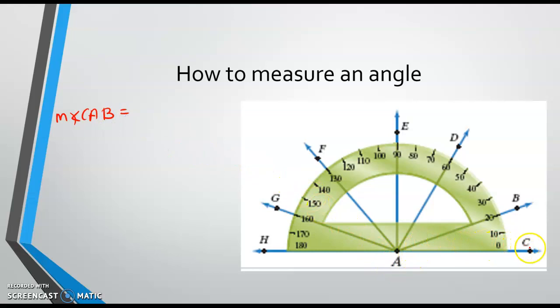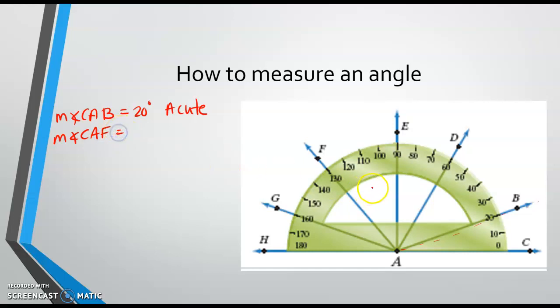So here's C, there is A, and here's B. Here's the ray that I'm worried about, because C should be at 0, and A is in the middle. So here's my ray, and it is going through at 20 degrees. So the measure of angle CAB is 20 degrees. That means that it is an acute angle because it is less than 90.